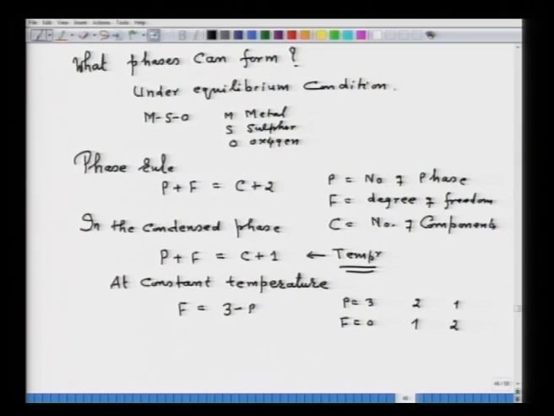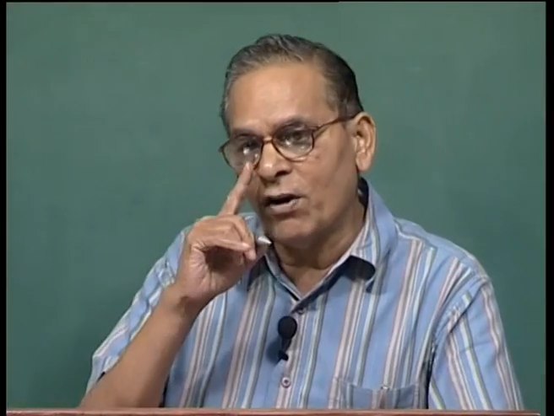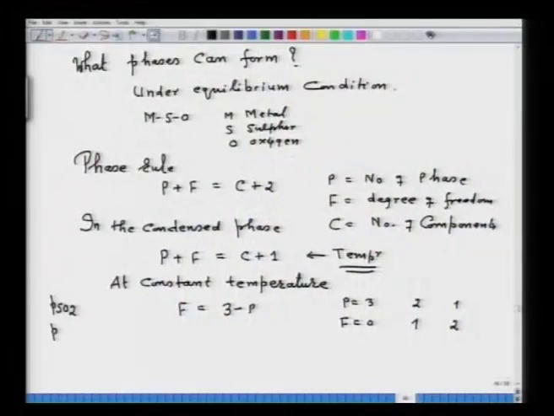That means, in this particular representation, when we have taken a constant temperature, then PSO2 and PO2 are the two variables that will control the formation of which phase at a given temperature. Mind you, in deriving this, we have considered temperature to be constant.